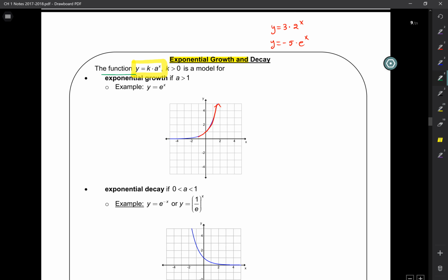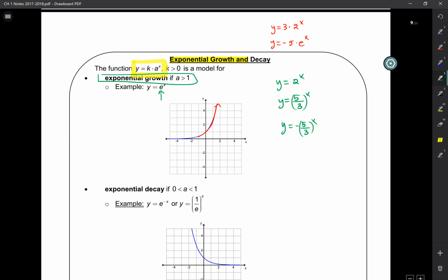Okay? Now, the equations look the same with one difference. It's exponential growth if a is greater than 1. So if the number that's being raised to the exponent is greater than 1, it's exponential growth. So y equals 2 to the x, y equals 5 over 3 to the x are all exponential growth. Y equals negative 5 over 3 to the x, also exponential growth.